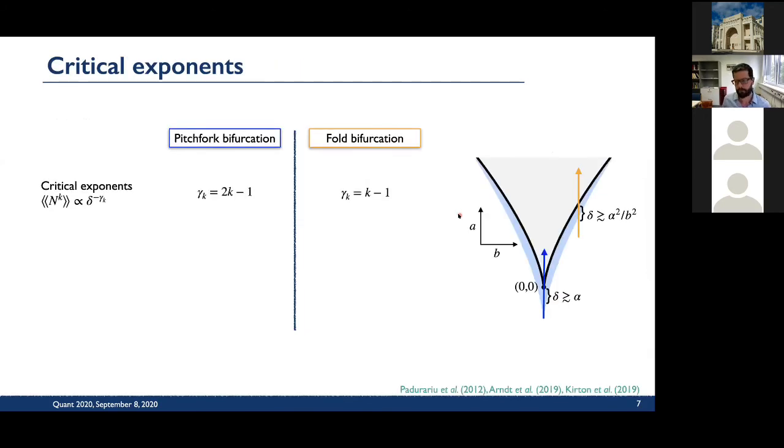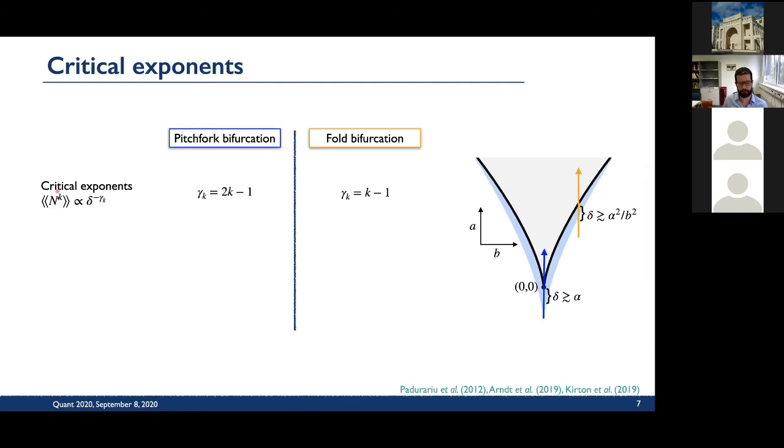Now I just show you the results. We do the path integral, which is a certain technical thing to be done. Then we figure out how the critical exponents of the different cumulants behave with respect to how close we get to the threshold. Note that it's very similar to equilibrium physics, but in equilibrium physics, we usually only care about the first moment.